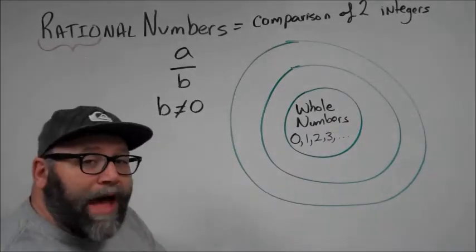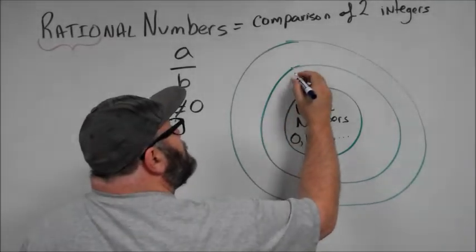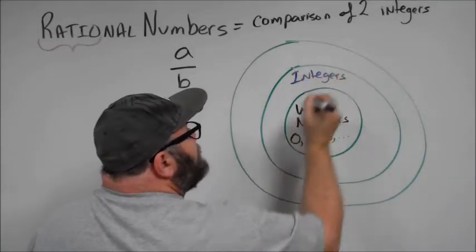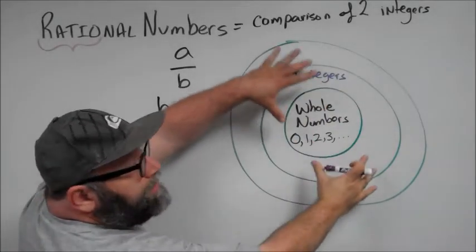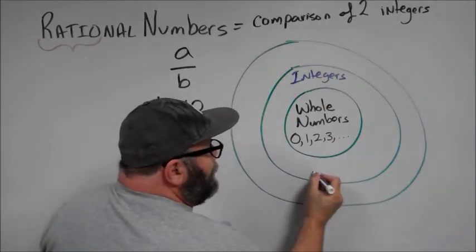Once we take a step outside of that circle, we have the integers, I-N-T-E-G-E-R-S. Now the integers are all the whole numbers, so they're included in the integers, and then their opposites too.